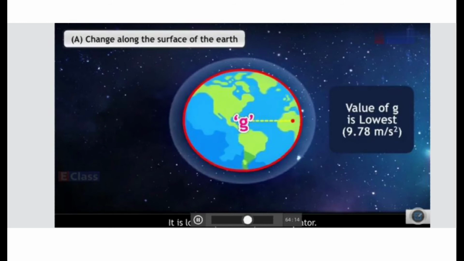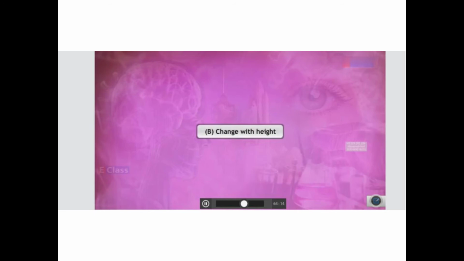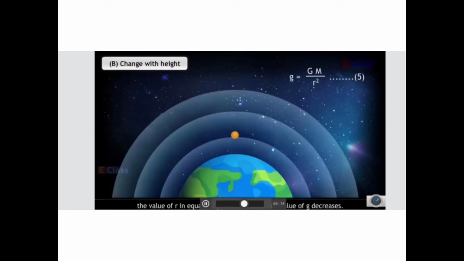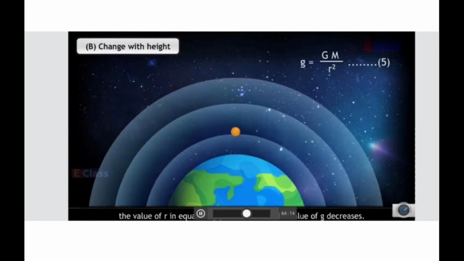Now let us see the variation in the value of g when the change with the height is there. So when there is a change of height, let us understand as we go above the earth's surface, the value of r, let us take the equation, this gm upon r square. Why here I have taken small r now? Because that is there in the formula.